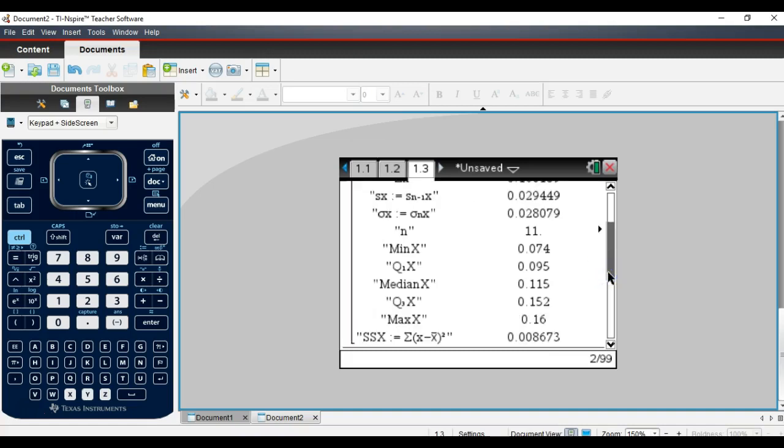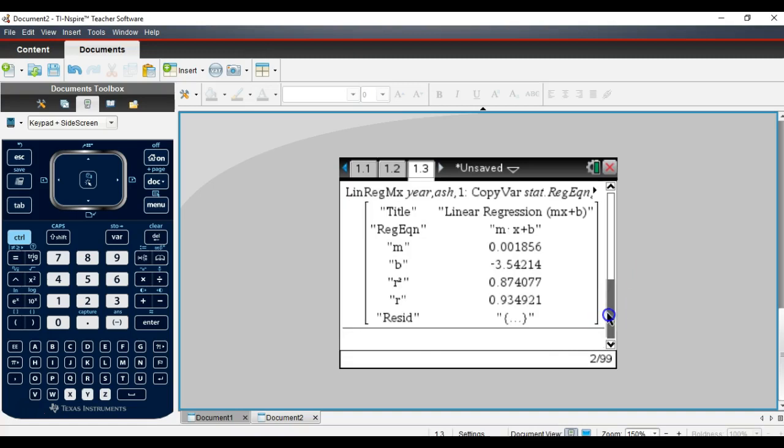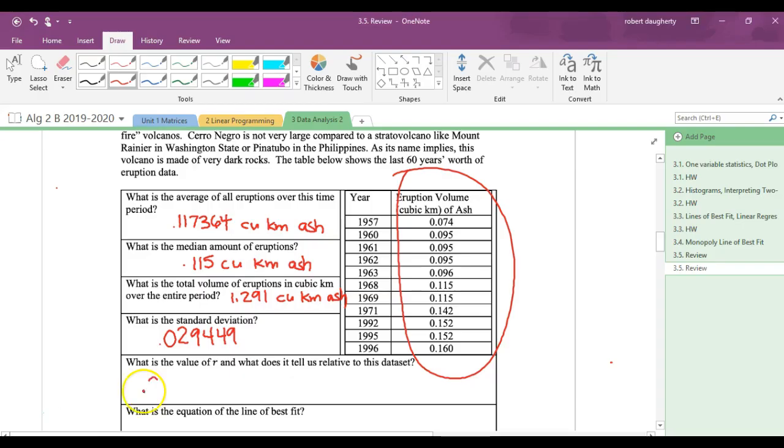But the first part was asking for the correlation coefficient. So you see R is 0.934921. That's my correlation coefficient. What does it tell us?